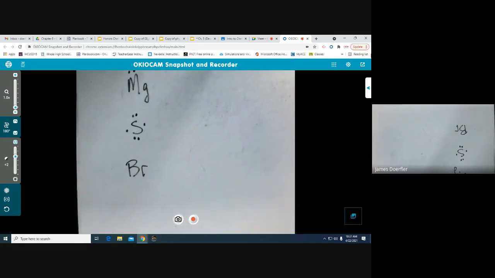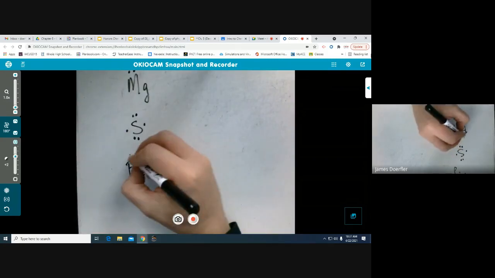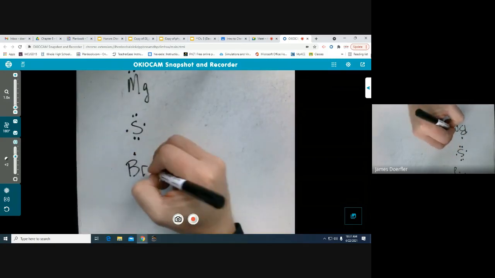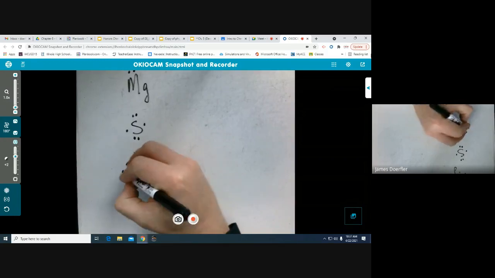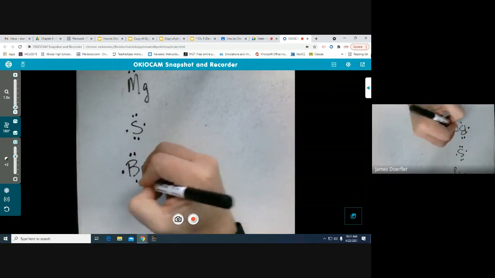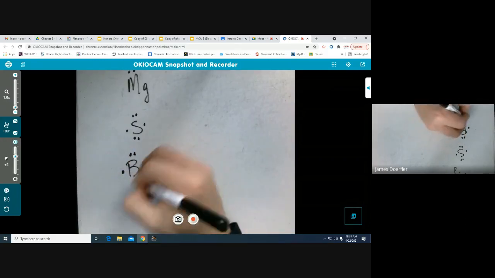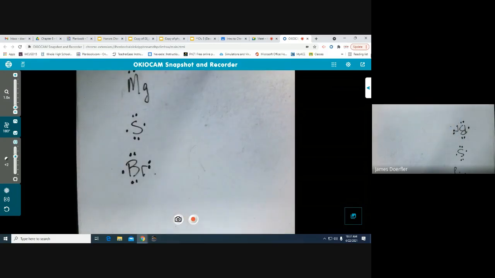And lastly, bromine. What column? So therefore, it has 7 valence electrons. 1, 2, 3, 4, 5, 6, 7.